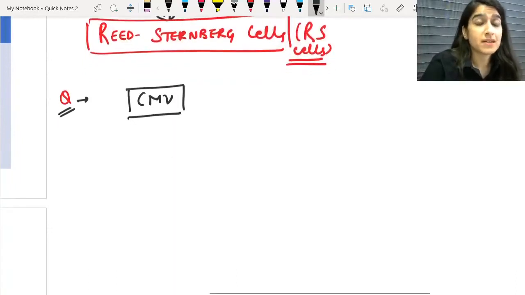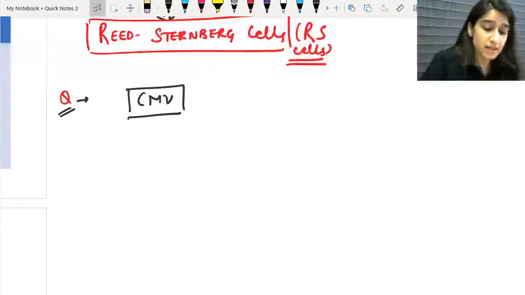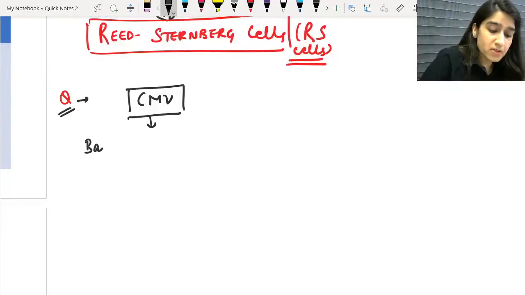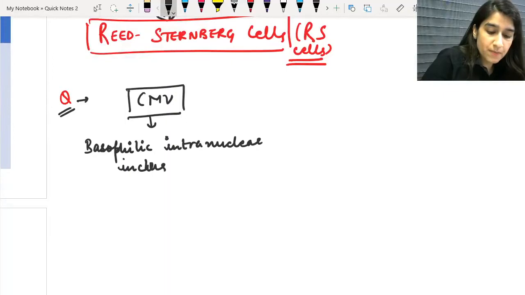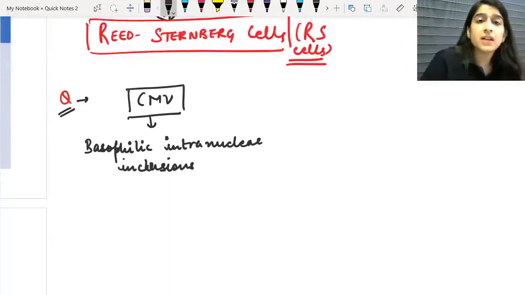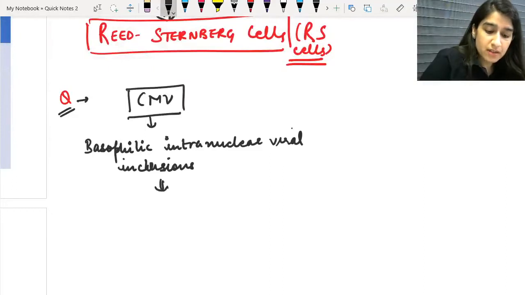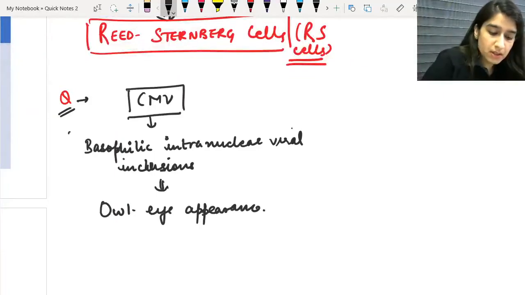But what is the reason for the owl eye in that case? It is because of the basophilic intranuclear viral inclusions, which impart the owl eye appearance.